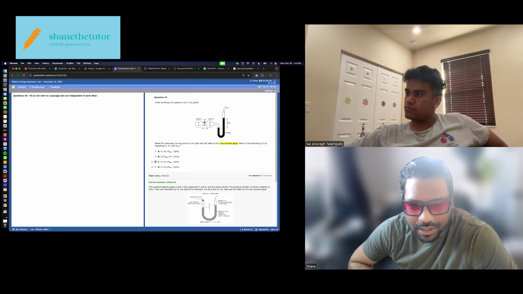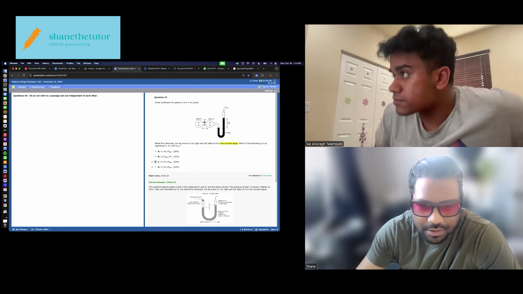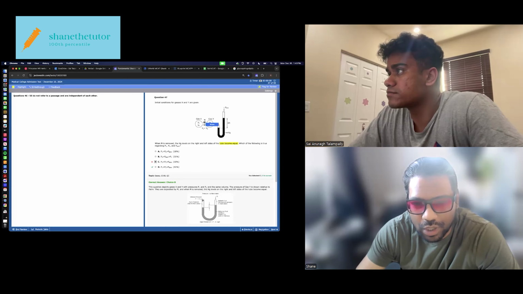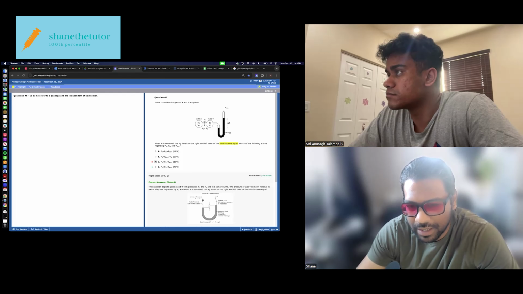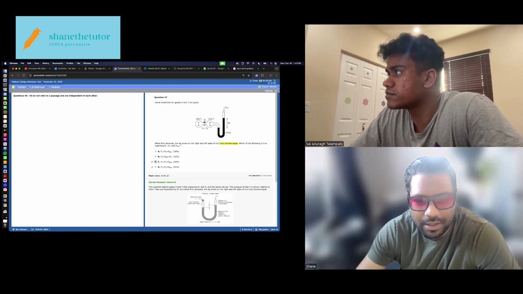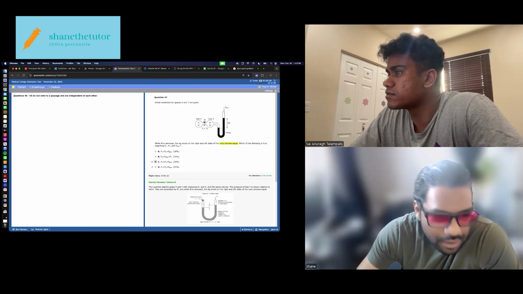Which of the following is true regarding P1, P2, and PATM? Okay. So if opening this stopcock causes the pressure on the left and right side to become equal, that means the pressure on the left side would decrease, right? Yeah, if it was to equalize. Okay.